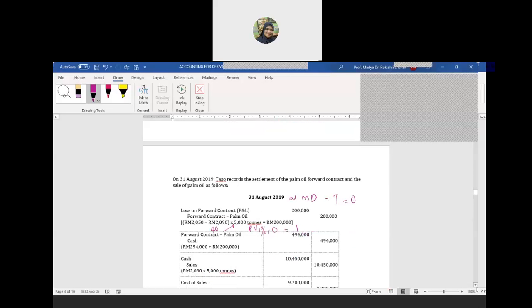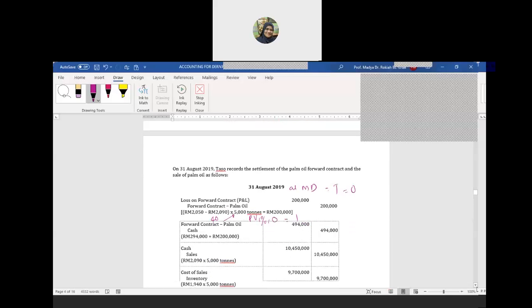Now look at the amount of your forward contract. You start with a loss of 294 on 30th of June, and then on 31st of August you have another loss of 200. The total here is 494. This entry records the reduction in value.